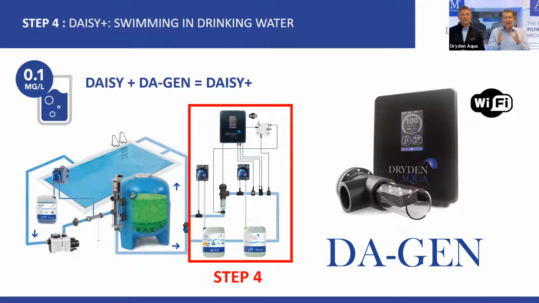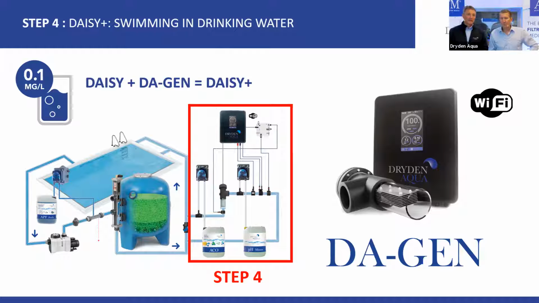We use ACO to protect chlorine from the sun as a replacement for cyanuric acid and support the natural disinfection power of the sun. And we have a step 4 here, which is for the disinfection. We call this then DAISY Plus. DAISY plus DHN, that's DAISY Plus.